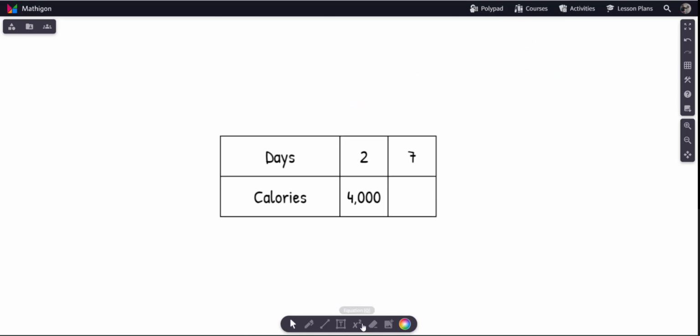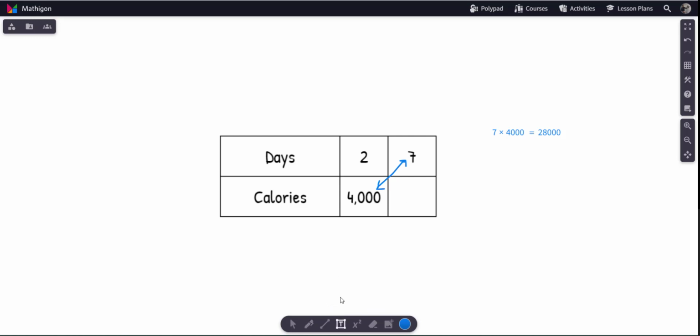Shahida took the 4,000 here and the 7 here and multiplied them together. So I'll do that here on this side. Shahida took 7 times 4,000, and that gave her 28,000. So she took this number here, the 7, times the 4,000.